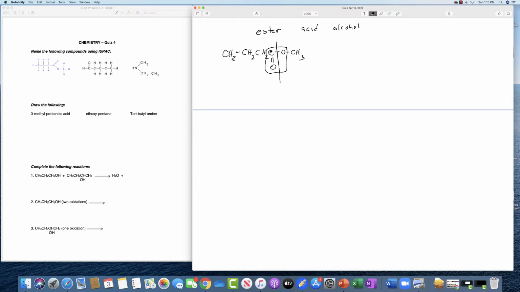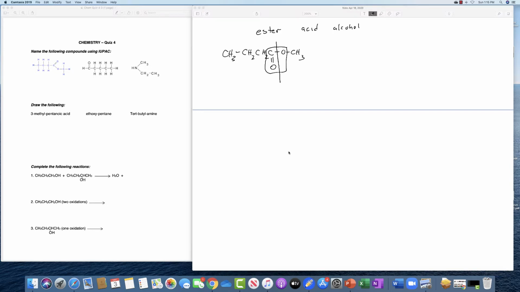It's where the oxygen snatches onto the carbon here, not the double bond. It is not where the double bond is. It's where the single bond with the oxygen is. And that represents what used to be the alcohol, and then the rest of this is what used to be the acid. Now, the reason that's important is the first part of the name is based on the alcohol.